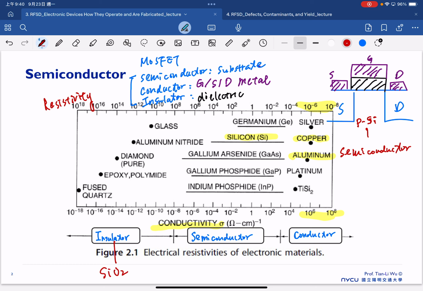Silicon dioxide is one of the most often used dielectric insulators that we can use for the dielectric in the MOSFET structure here. So that's first, just to have a brief overview of the different kinds of electronic materials that we can use for our semiconductor device.